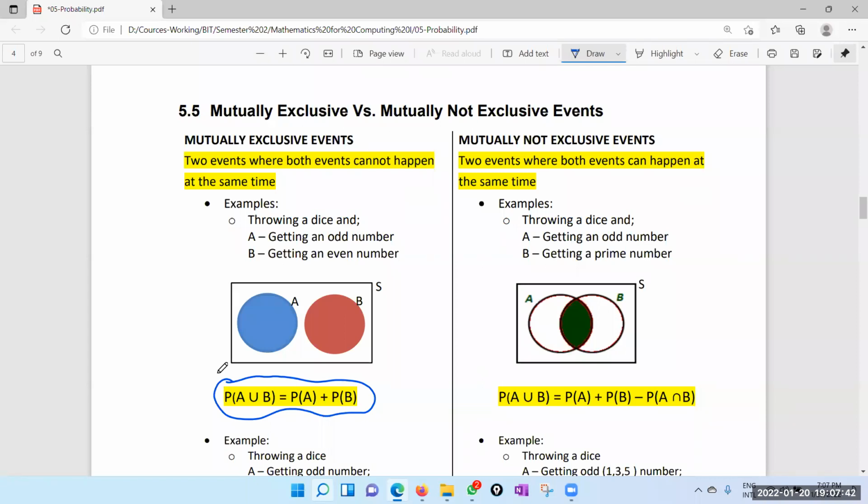For example, if you throw a dice, getting 6 may be our first event, getting 2 is our second event. They are mutually exclusive. None of the outcomes will satisfy both. Therefore, the probability of getting 6 or getting 2 is 1 over 6 plus 1 over 6, 2 over 6.